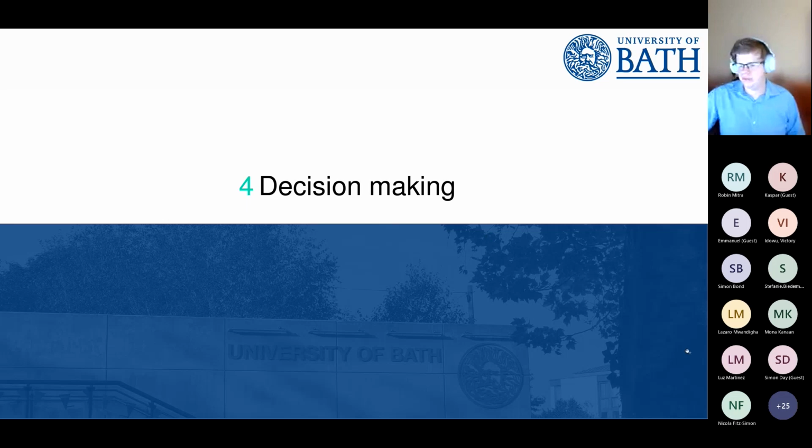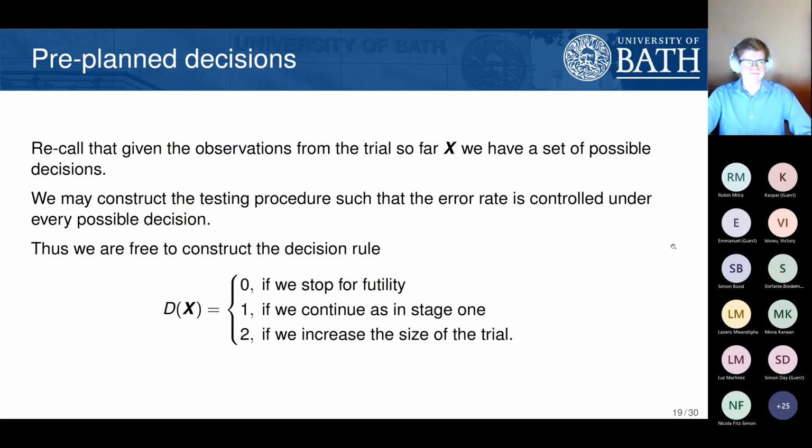Okay, so just moving on to the decision making within adaptive designs. So just to formalize that point that we can construct this decision rule however we like, essentially what we have is that our decision rule must be some function that outputs the possible decisions that we could make at the interim analysis. But my claim is that we can choose how we construct this decision procedure, so long as our testing procedure is valid no matter which choice we make.